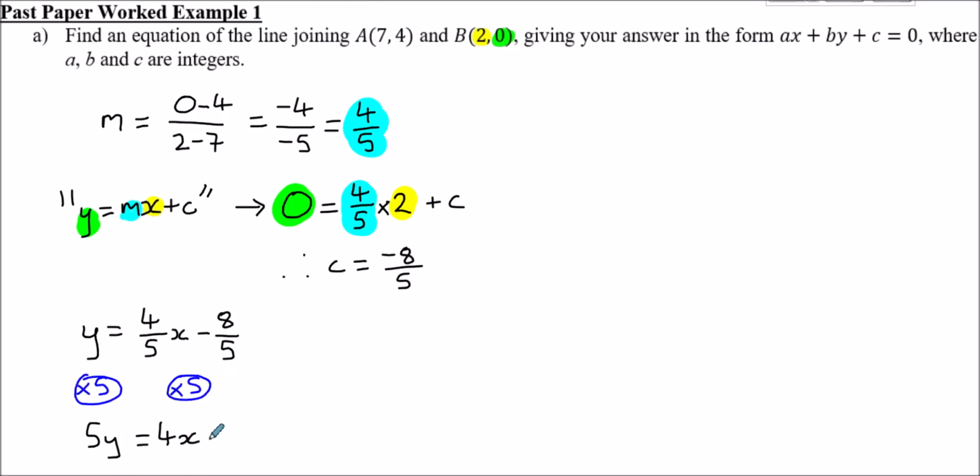And minus 8 over 5 becomes minus 8. And a very simple rearrangement, if we just subtract 5y from both sides, we get, therefore, 4x minus 5y minus 8 equals 0. And that's part A completed.